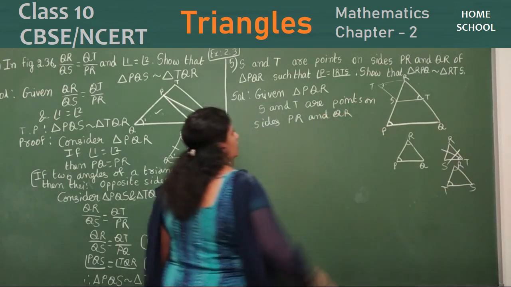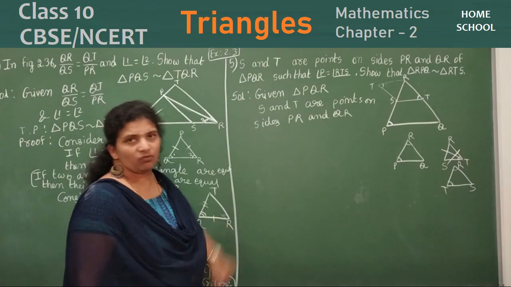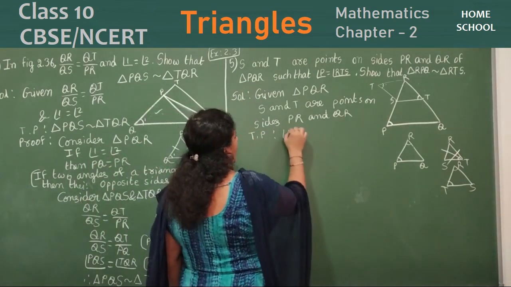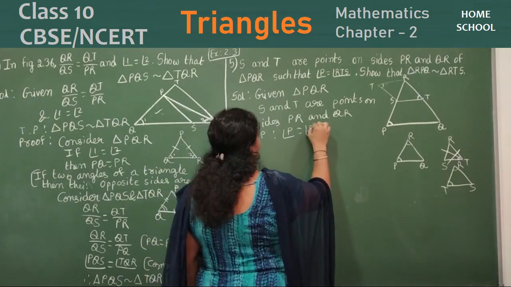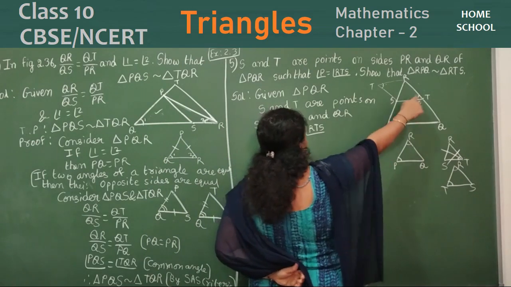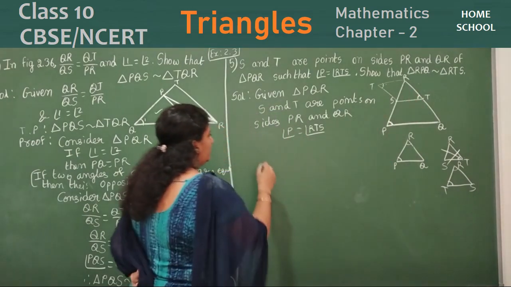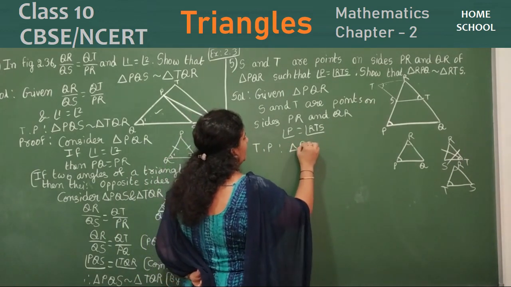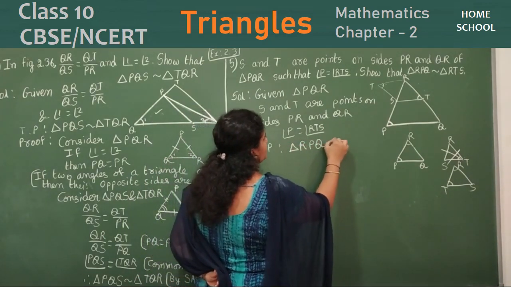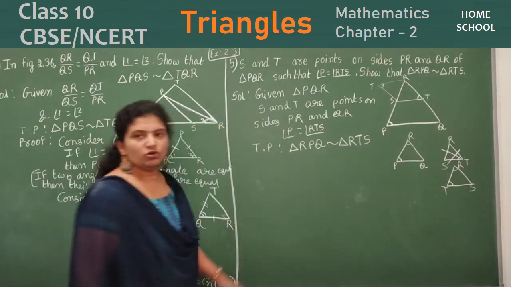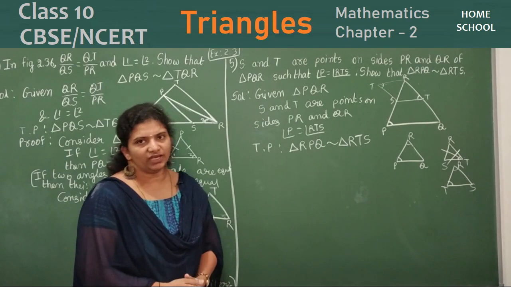So what do we need to prove here? To prove angle P is equal to angle RTS. So this angle is equal to this angle. What we need to show is that triangle RPQ is similar to triangle RTS. Those two triangles are similar, we need to prove.